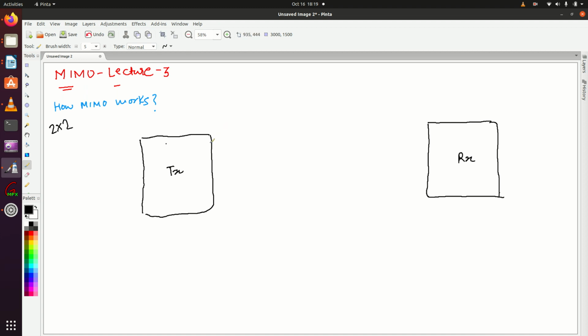So the TX unit will have two antennas, and at the receiver unit again we have two antennas. This antenna is TX1, this antenna is TX2, this antenna is RX1, and this is RX2.